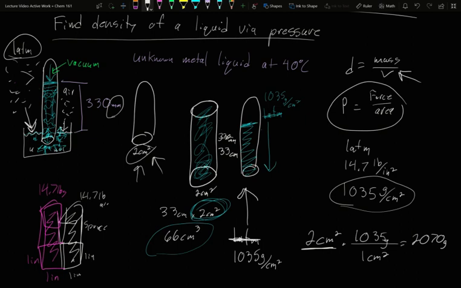2,070 grams. That is how much weight must be in our tube. There must be that weight of material pressing down on the 2 centimeter squared base to make the equal pressure from the outside. So I know my grams, and I can now plug that in because I know my grams and my volume.